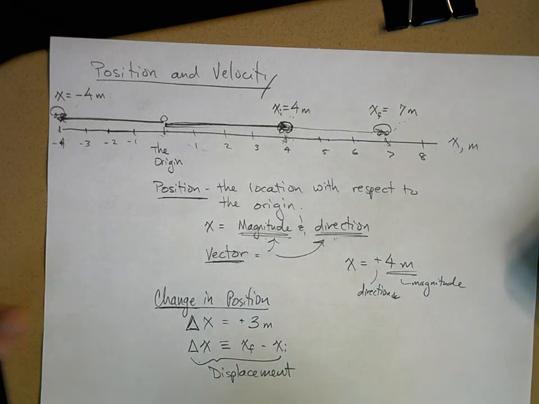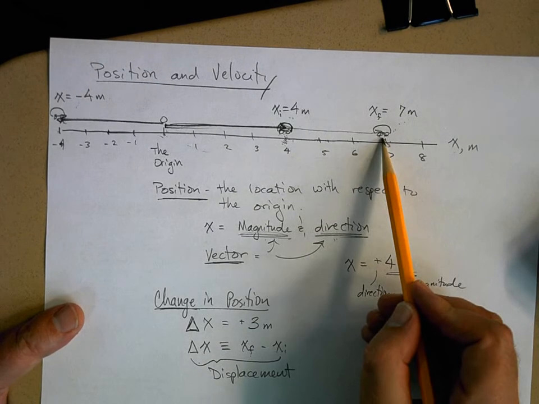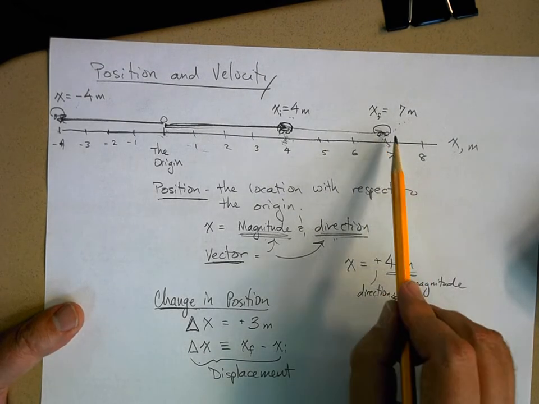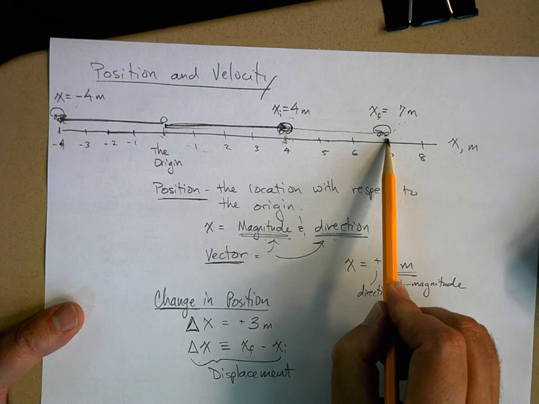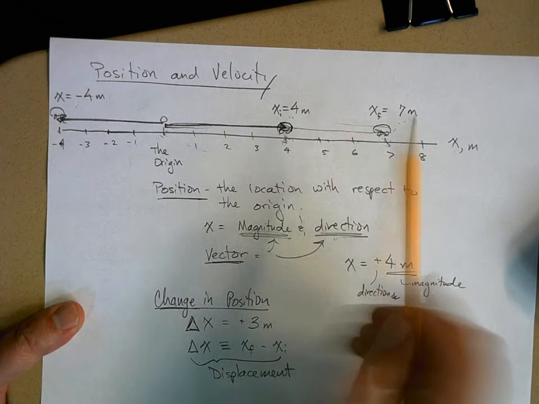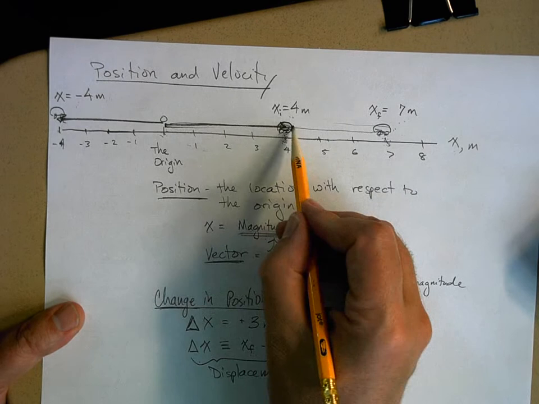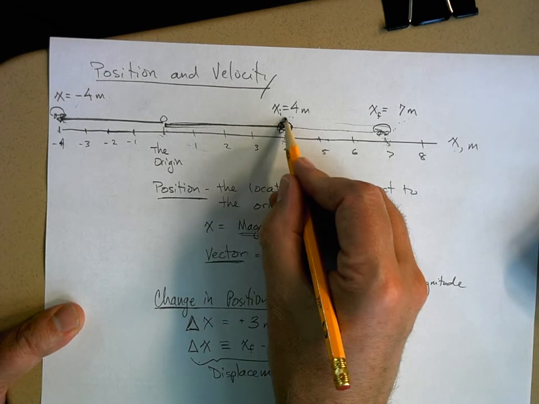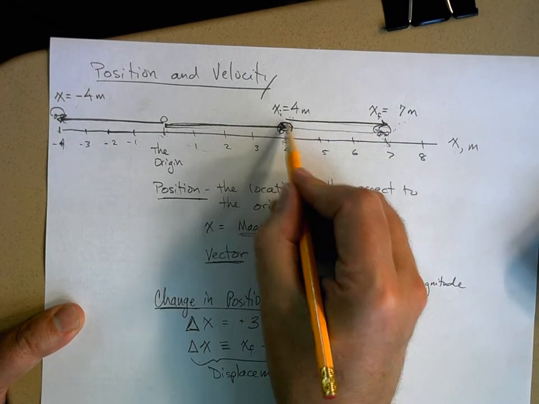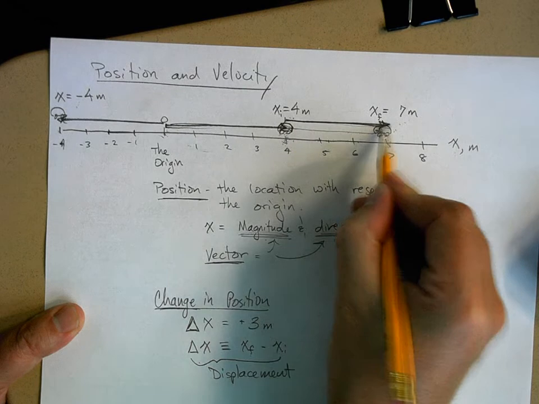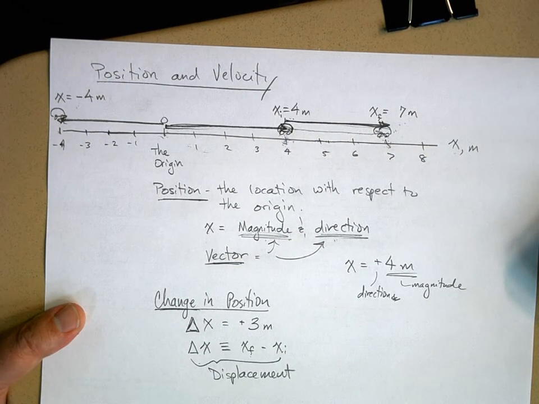Well, what if the car is right here, and let's say it starts at 7 meters and goes all the way... oh, one thing before I get to that, hold on. I can draw an arrow, a displacement arrow. It starts here and goes here. Now, how is a displacement arrow different from a position arrow?